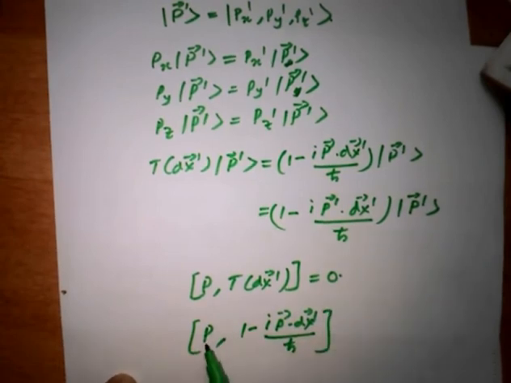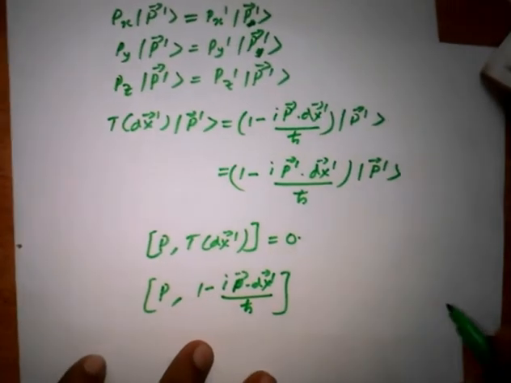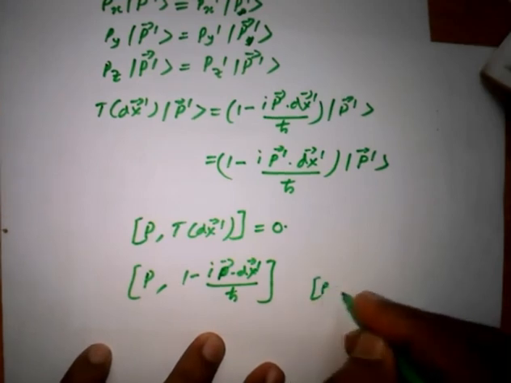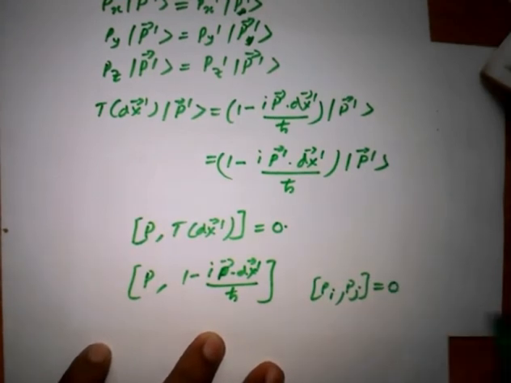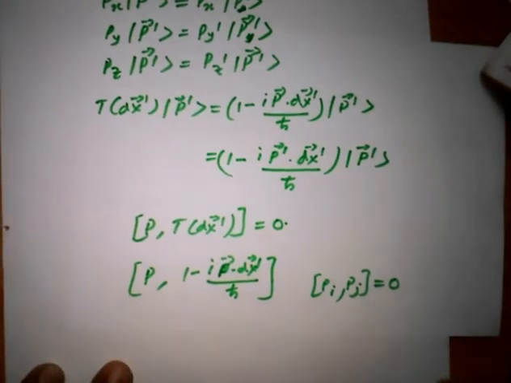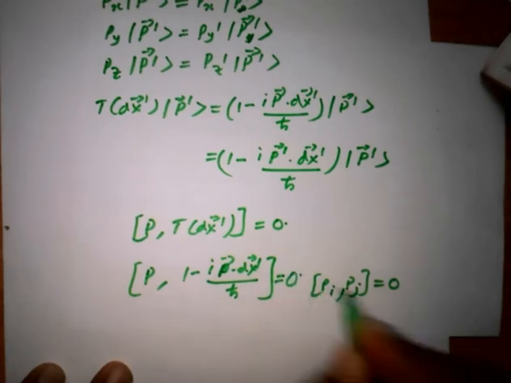This is in terms of the momentum operator. Earlier we have proved that the commutator of pi pj equal to 0. The whole term contains this kind of commutator brackets, and this is also equal to 0.